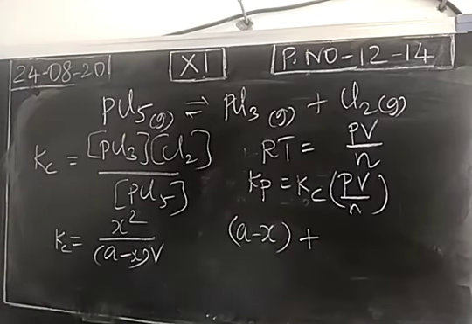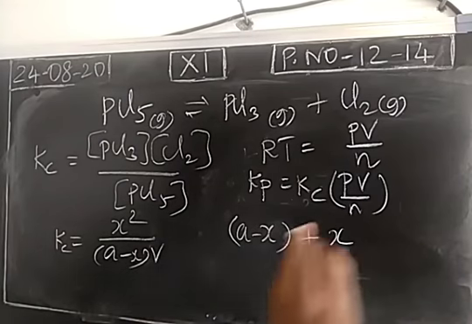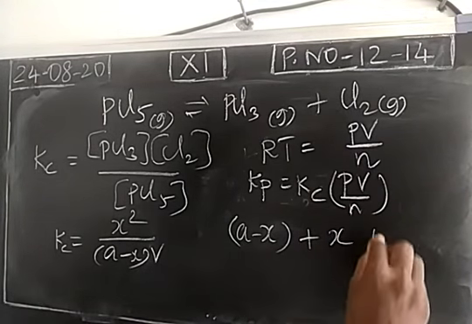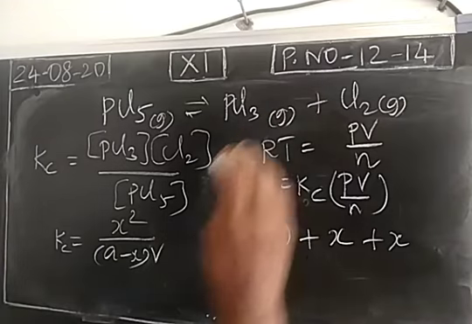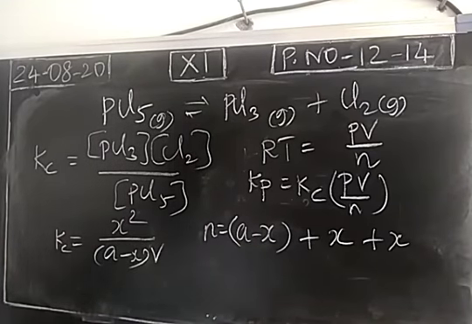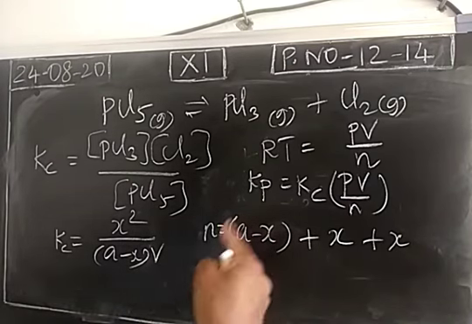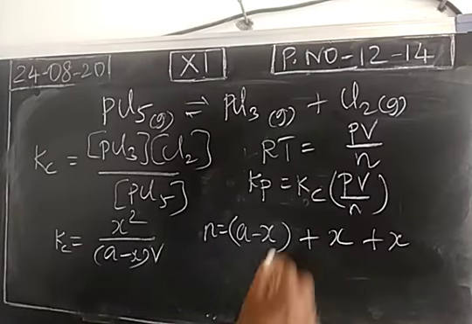A minus X mole of reactant PCl5 is present. Next, X mole of PCl3 is present and X mole of chlorine is present. So what is the n value? n is the total number of moles of reactants and products present at equilibrium. So in the equilibrium mixture, we have the reactant as well as products.